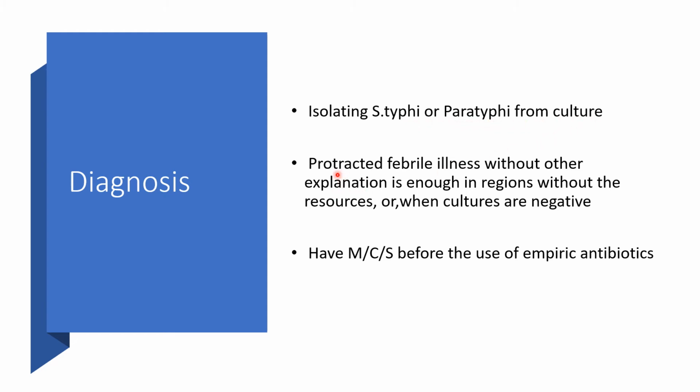But if that is not the case and there's protracted febrile illness without other explanation, that will be enough in regions without the resources or when cultures are negative. High index of suspicion will be enough. So we should have microscopy, culture and sensitivity done before we embark on the use of empirical antibiotics.